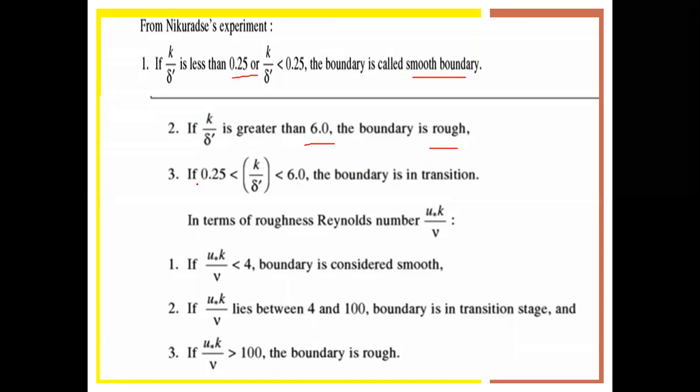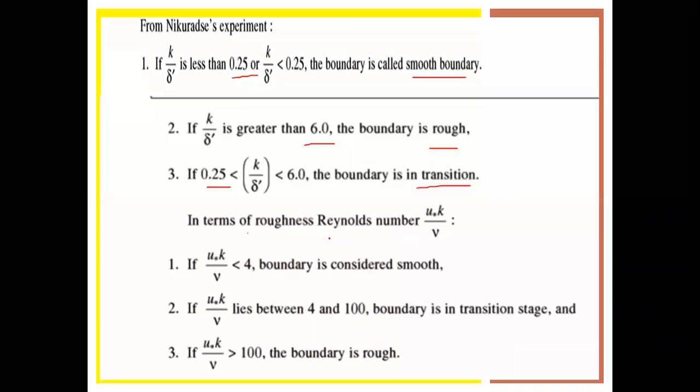If 0.25 is less than k by delta dash less than 6, in this range, then the boundary layer is transition. In terms of roughness Reynolds number, u star into k divided by nu, if the roughness number is less than 4, the boundary is smooth.